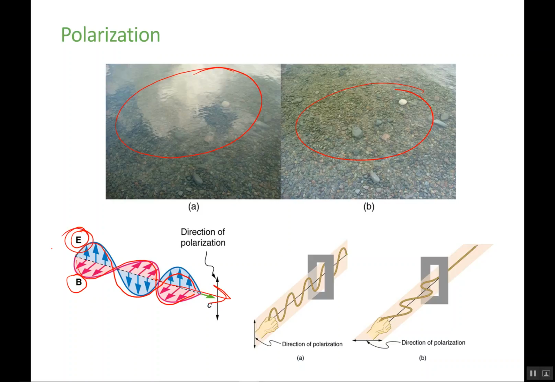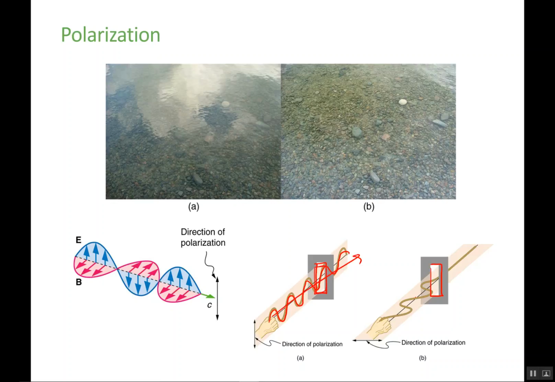Well, electric fields interact with electrons, and if we think about a more simplistic example of a wave, let's say a wave on a string. If we set up a string in such a way that the string passes through a rectangular aperture, and then we create waves on the string so that the disturbances in the rope line up with the width of the aperture, the waves can get through.